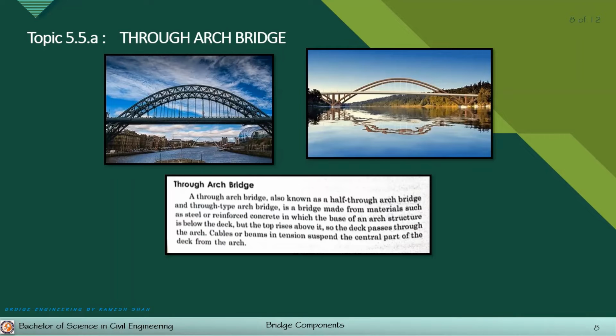So, ang ating through arch bridge naman is designed so that the roadbed is suspended below the trusses or arches that make up the load-bearing structure of the bridge. So the roadway then passes through the trusses or arches instead of over them.